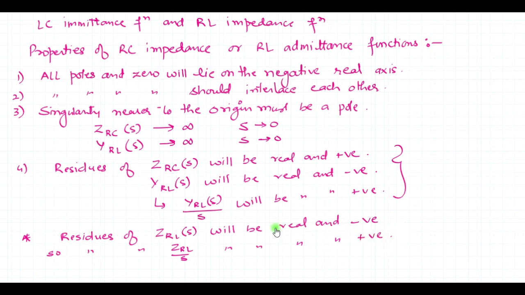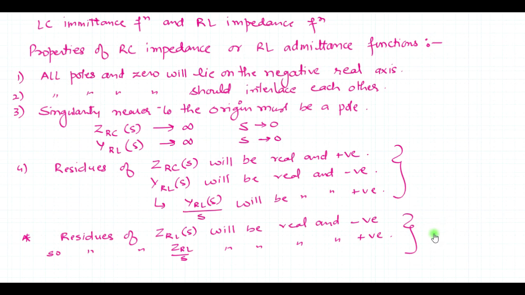We discussed residues of ZRL will be real and negative, but if we calculate the residues of ZRL by s function, they will come out to be real and positive. This is completely in reverse to that of RC. If we have any impedance function and we go on to find its residues, and the residues come out to be real and positive, then that function will be a ZRC function, else it will be a ZRL function.